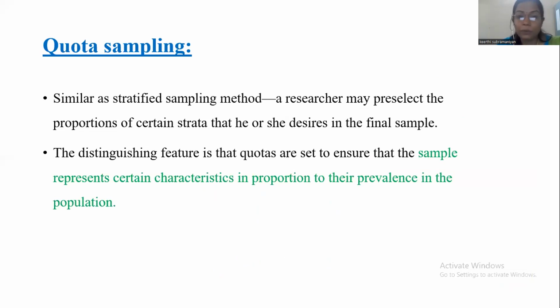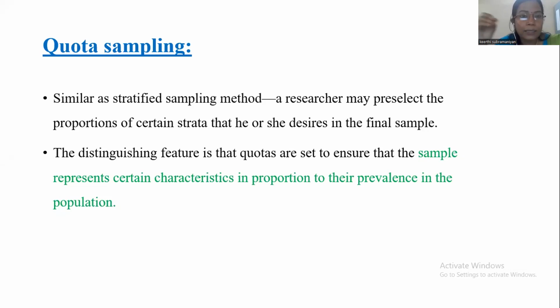Quota sampling. Here I would like to emphasize that there is a very slight difference between quota sampling and stratified sampling. The first step is the same: you are going to create strata. That is nothing but quota. So 80% I'm retaining for girls, 20% for boys.